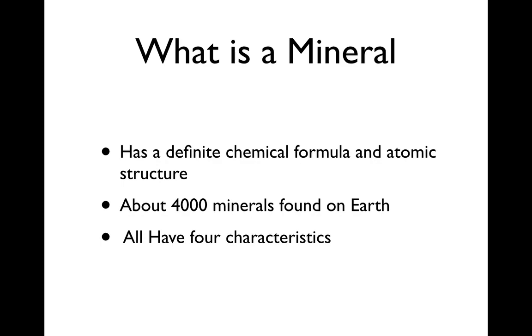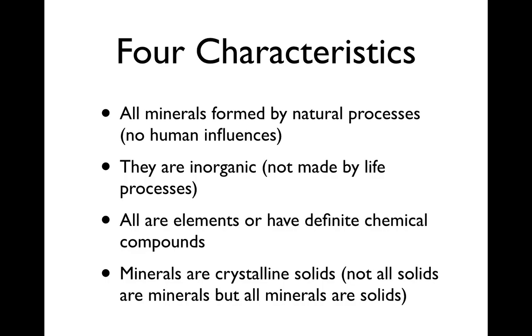Next, we're going to go into minerals. What is a mineral? What's different between a mineral and a rock is that for a mineral, I can write a definite chemical formula. It has a definite atomic structure. What they're made of is things off the periodic table. There are 4,000 minerals found on Earth, and all of these have four major characteristics, and you need to know these four characteristics.